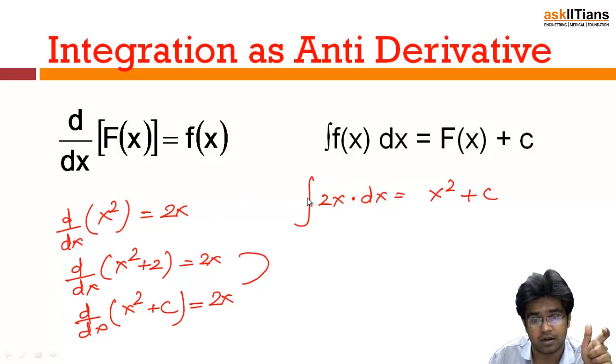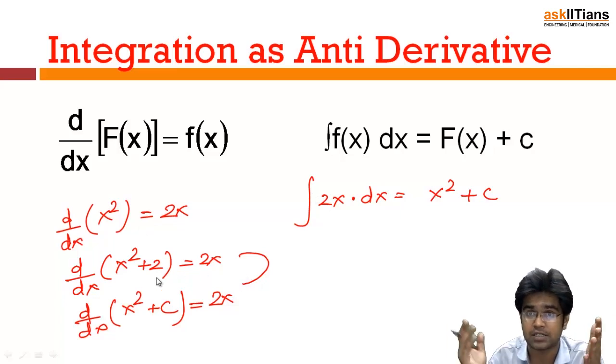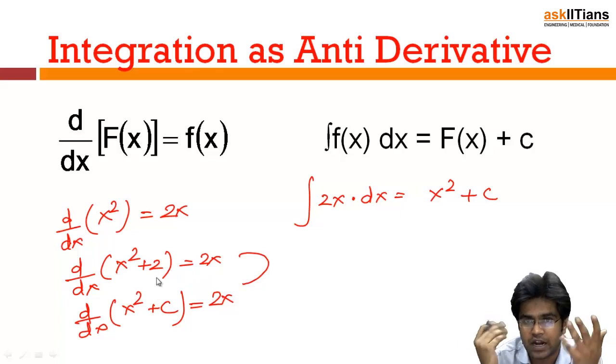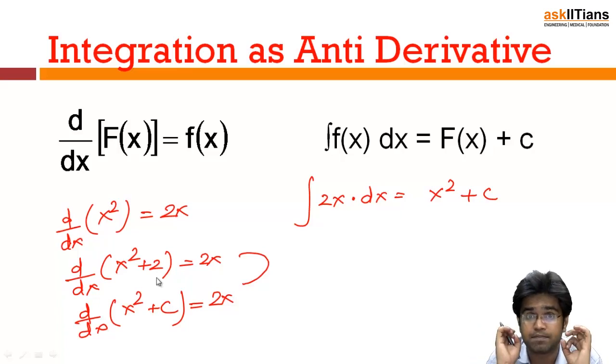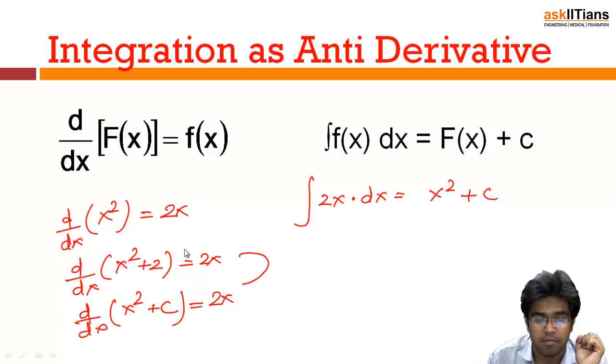It can be x square, or a function whose differential is x square plus 2, or x square plus 100. So when I give you that the differentiation of f(x) is 2x, you can't specify what that f(x) is, because the constant becomes 0.